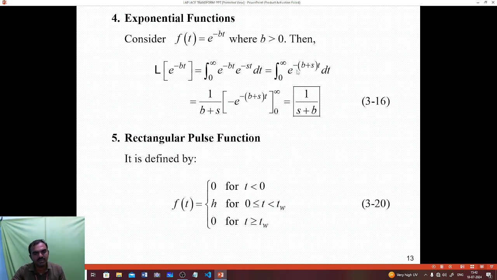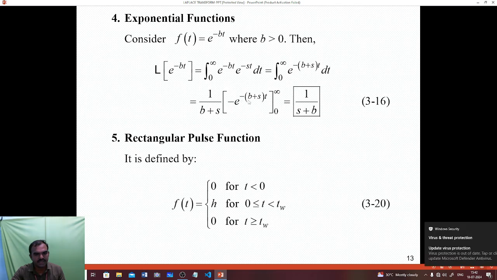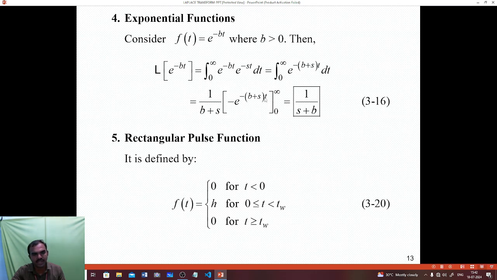What is the integration of e power x? The same, e power x. So e power minus (p plus s) t divided by the t coefficient, which is minus (p plus s). That is a constant we take out, so 1 by (p plus s) times minus e power minus (p plus s) t, with limits 0 to infinity. First apply the upper limit: if t is infinity, e power minus infinity is 0.